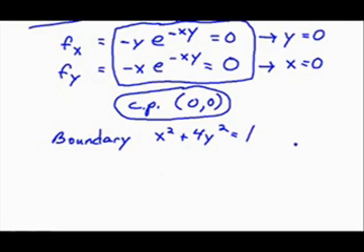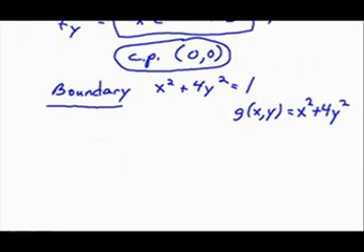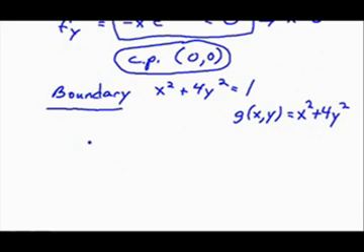In fact, we can think of the constraint curve as g(x, y) = x² + 4y². I'm going to use the method of Lagrange multipliers to find the critical points on that boundary. We know from the method of Lagrange multipliers that ∇f is equal to some scalar multiple of what I'm calling ∇g.